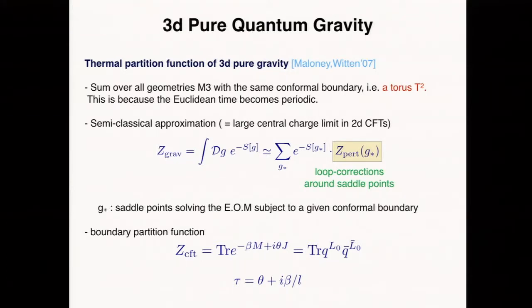Usually, in the semi-classical limit, the contribution will be given in terms of the classical action times perturbative corrections around all the stationary points of the action. So this G star will be a saddle point solving the Euclidean equations of motion of Euclidean gravity with given conformal boundaries, and this should lead to the boundary CFT, given in terms of the boundary Hamiltonian and chemical potential J.